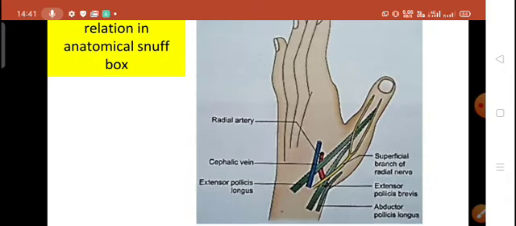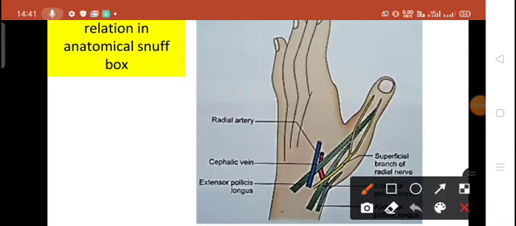You can see here in this diagram the radial artery lies on the lateral side of the wrist.